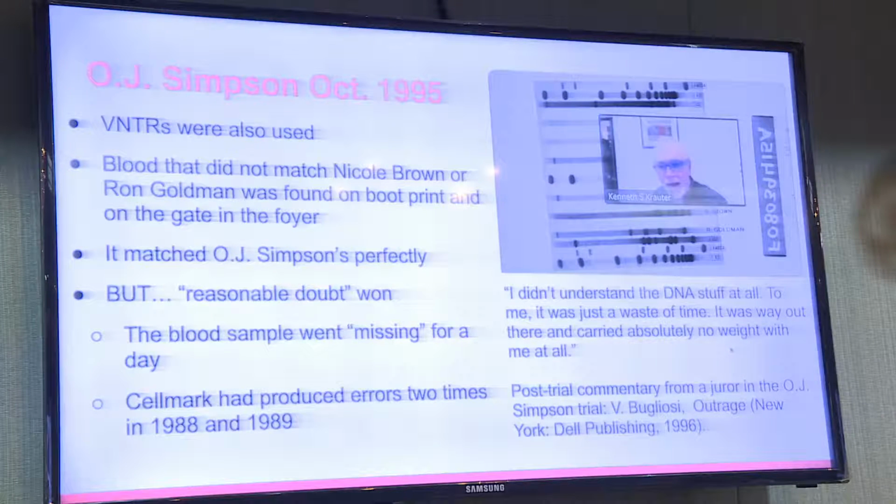And that's the problem with DNA evidence, is it's highly technical. And so if you're not a technical person and you're trying to decide the guilt or innocence of somebody, maybe even to be executed for the crime, you want to understand the evidence. And so it took many years. This trial happened in 1995.